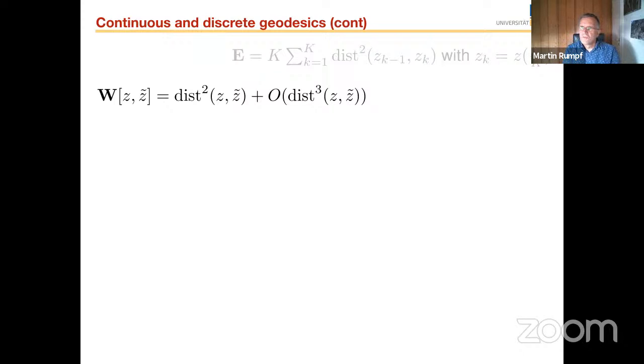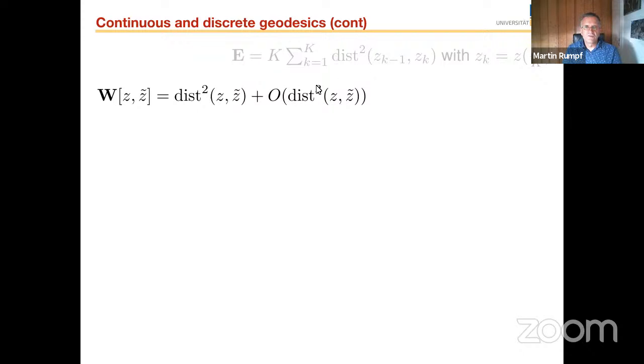And now we step from continuous geodesics to discrete geodesics, from continuous underlying path energy to discrete path energy. So if we think of this formula, which I've shown on the last slide, this distance here is really the remaining distance. It's too complicated to compute.